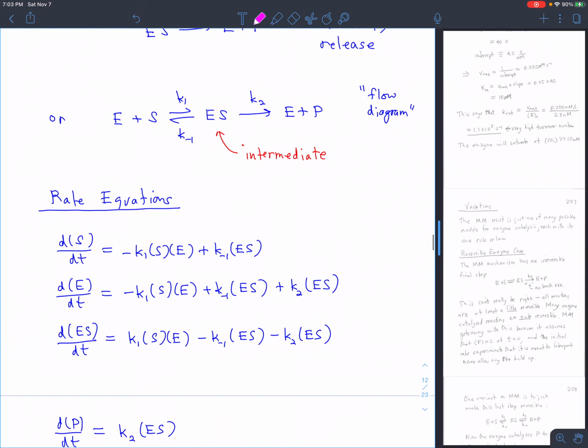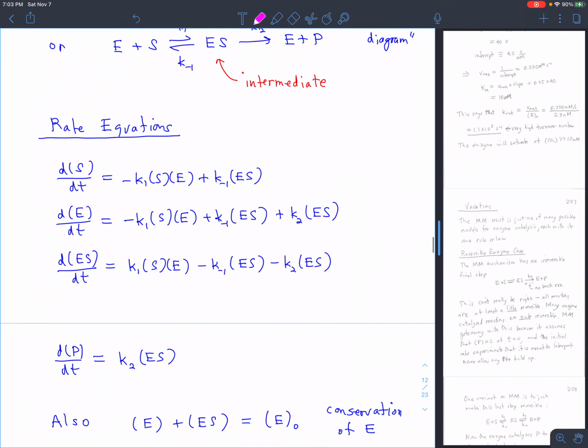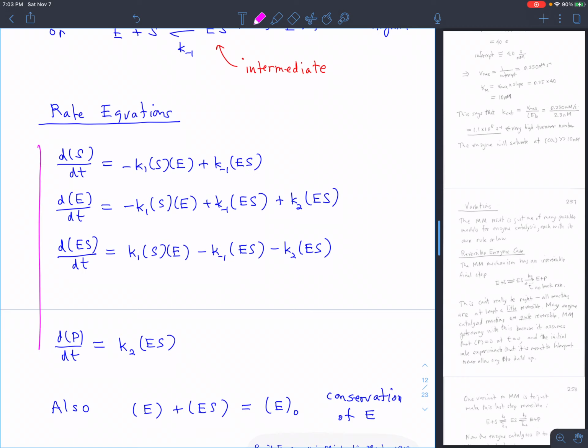Anyway, all right. So there's our mechanism. We can write rate equations from the mechanism for all the species involved. There are four species: the enzyme, the substrate itself, the enzyme-substrate complex, and the product. And these are the rate equations. I don't think there's too much to say about them. I won't try to analyze them directly this way.